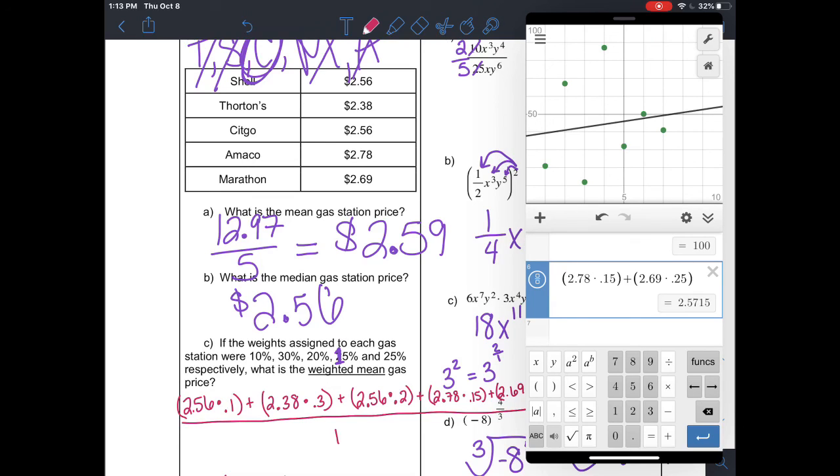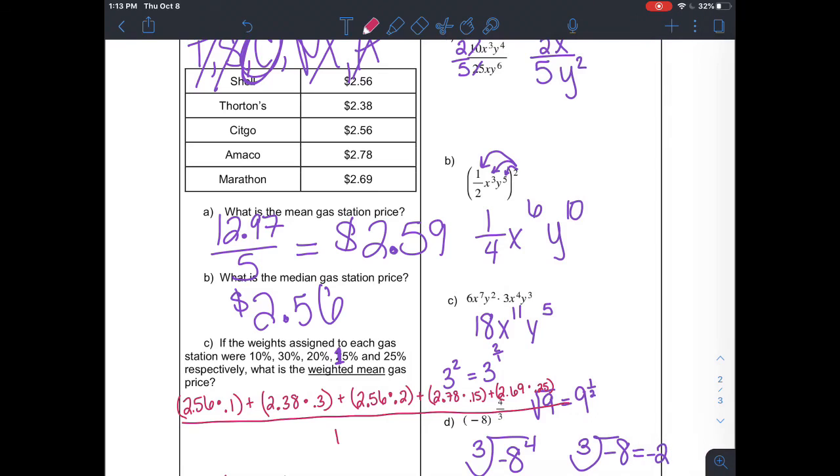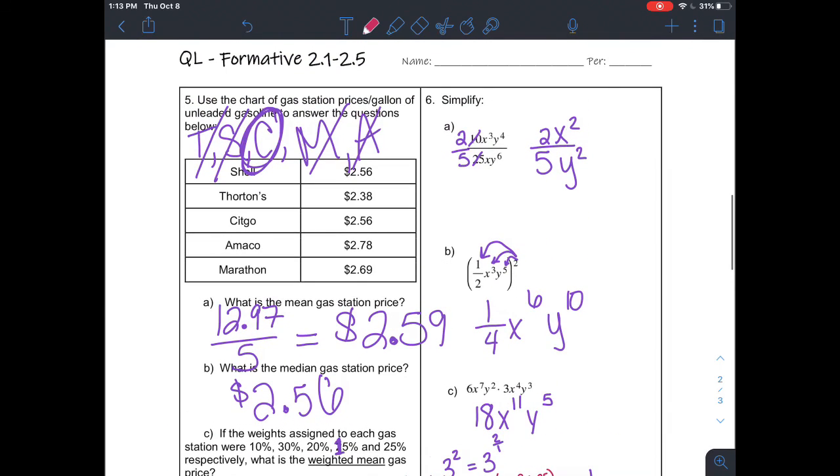That's when I would want to know the weighted mean gas price, because if there's only one Thornton's in the city at $2.38, but 100 Amocos, the average gas price really isn't the average between those two. The average is skewed more towards Amoco because there are so many Amoco stations versus the Thornton's. Hopefully that made sense to you. If not, that's okay. We'll keep working at it.